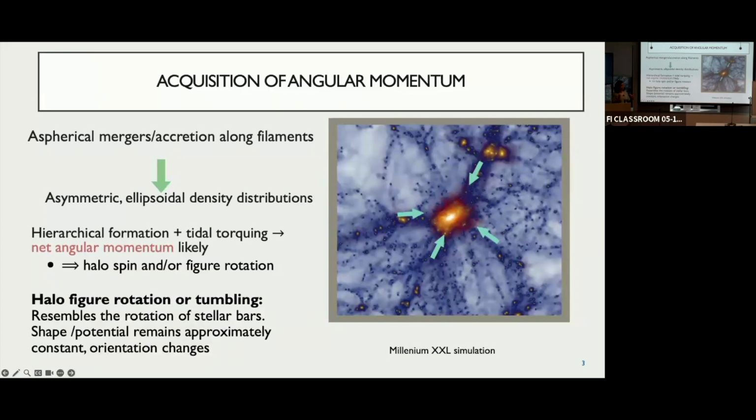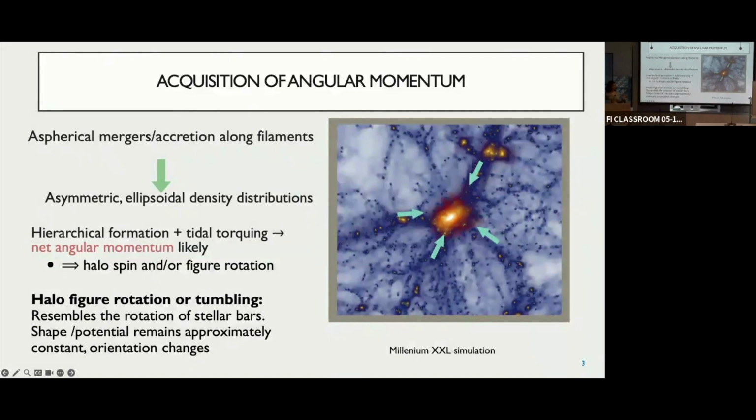So the typical quantity, which is called halo spin, actually encompasses two kinds of angular momentum. One is the angular momentum of particles which are sort of streaming around in the halo. And the other, if the halo is triaxial, is sort of a tumbling motion, like you would have if you took a football and threw it, it would tumble around.